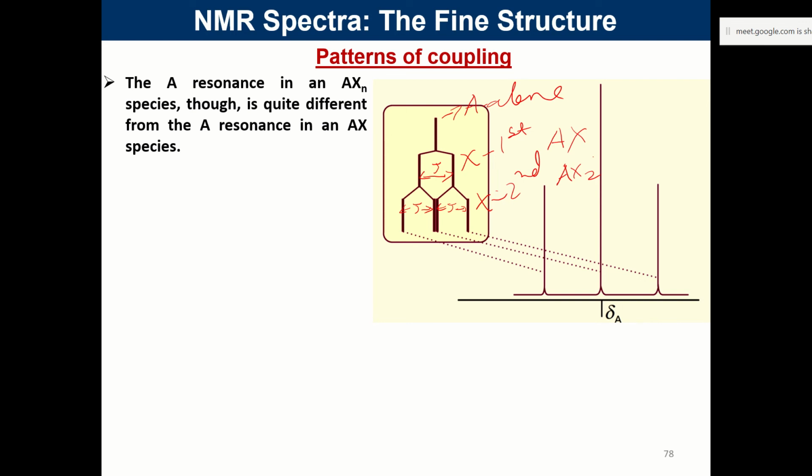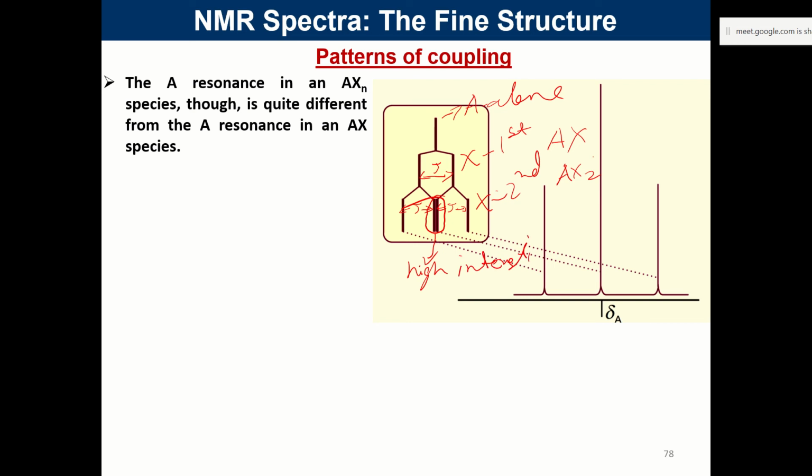Now each of these two lines will further split into two more lines like this. You can see that two of them are coinciding at one position. So this is going to give you an intense signal, high intensity, and in fact it will be double of the other two.